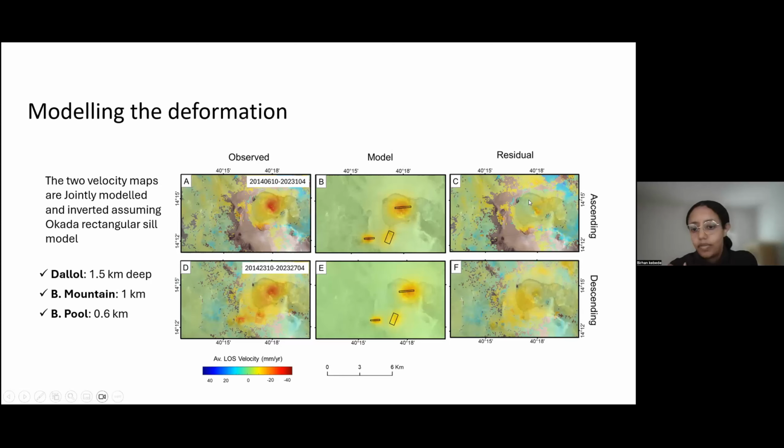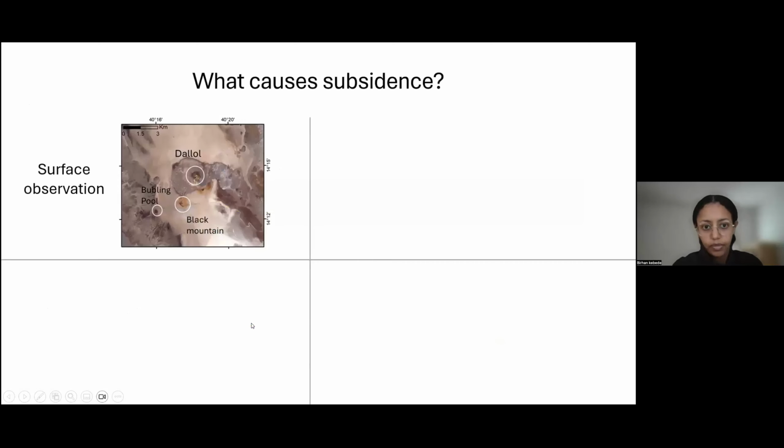And then in C and F, we have the residuals. So the extracted parameters from the inversion show that Dallol is subsiding from 1.5 kilometer depth. Black Mountain is subsiding from 1 kilometer depth, and Bubbling Pool is the shallowest one, at 0.6 kilometer.